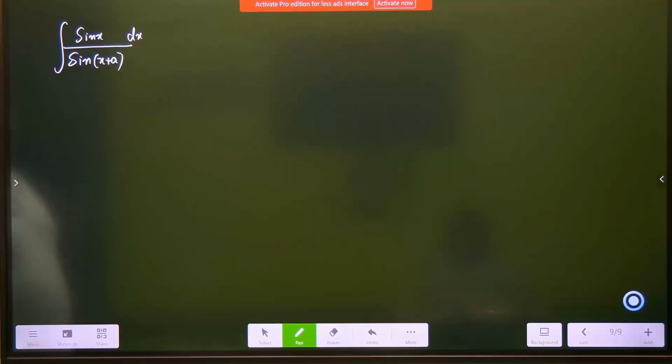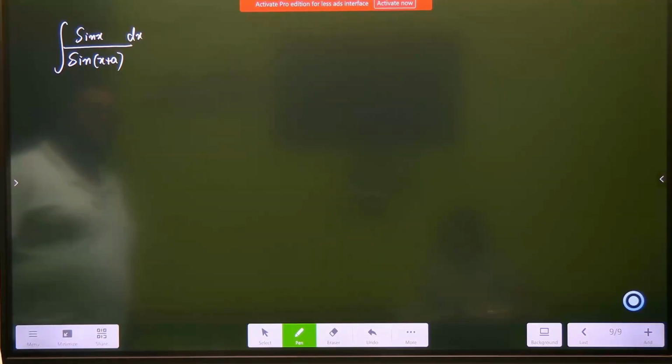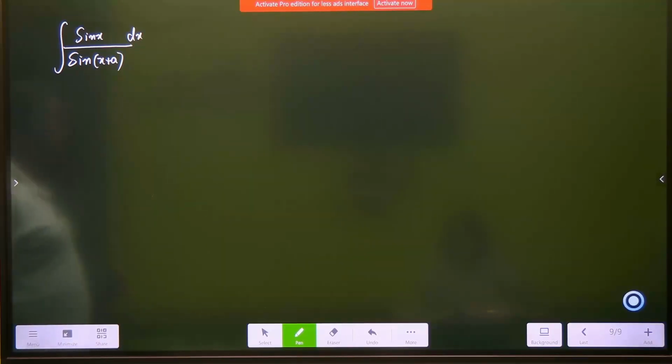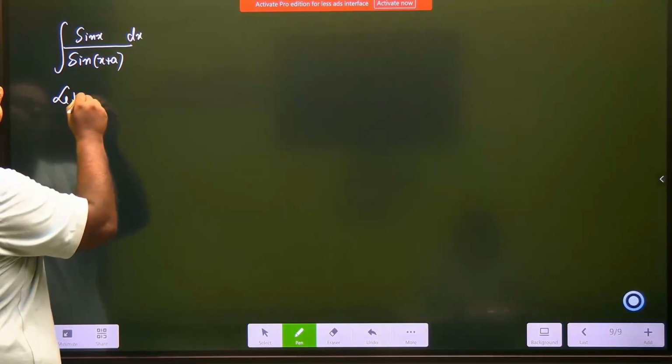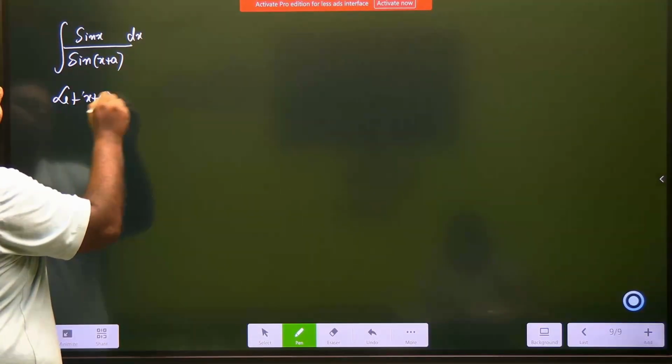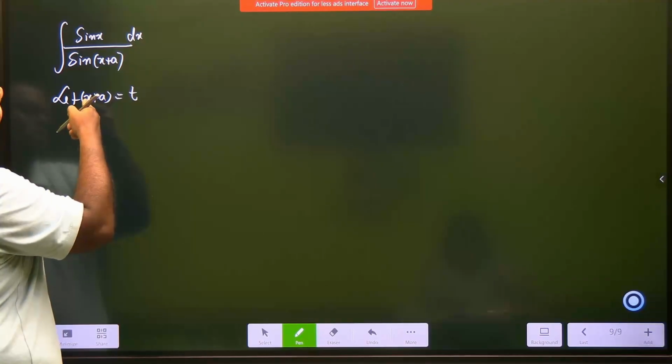If you take x plus a equal to t, then what do you get? Let x plus a be equal to t. Differentiate this. This would be 1 and this would be 0.